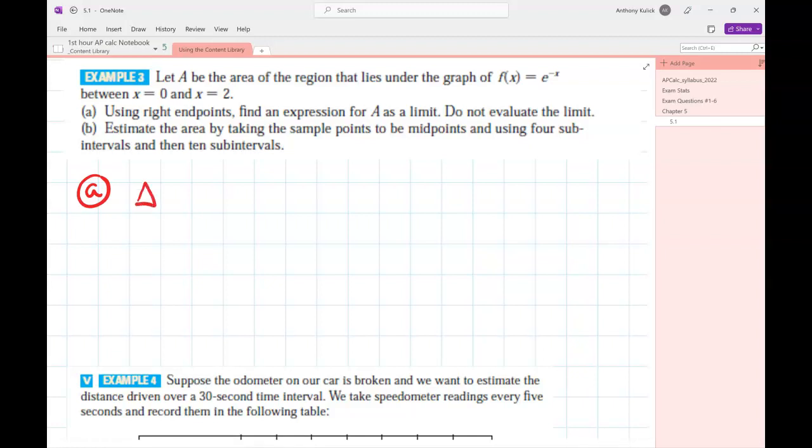So first thing I would do is calculate my delta x. Remember, delta x is b minus a divided by n.